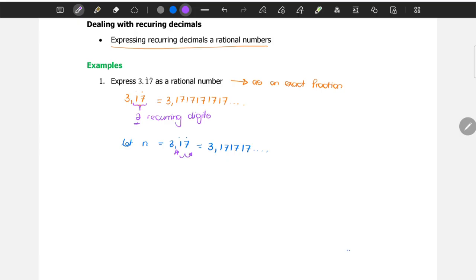We multiply by 100 because we want the first digit of the recurring part to be maintained as it was in the original number. With two recurring decimal places, that means we multiply by 100. So you would multiply by 10 to the power of n, where n is the number of recurring digits.